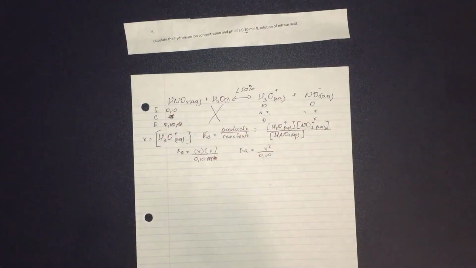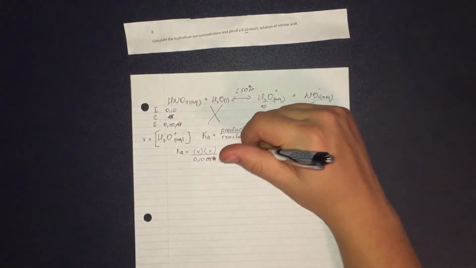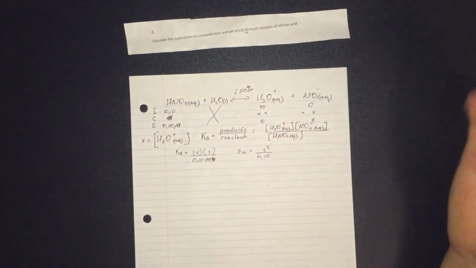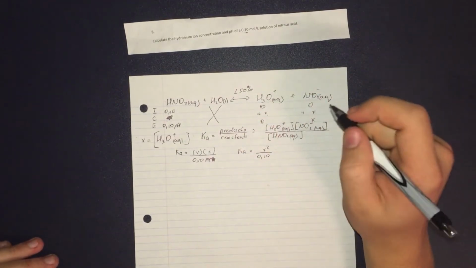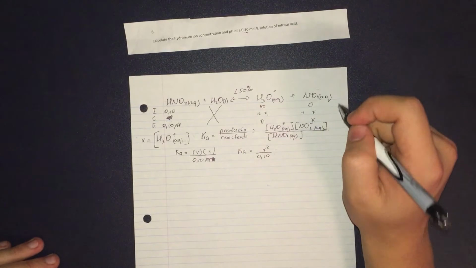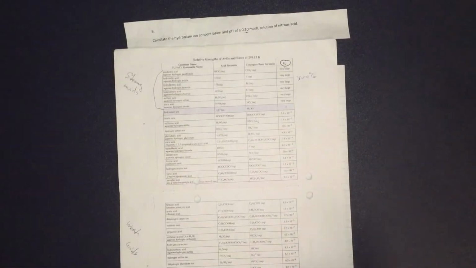Right now, it becomes more interesting. To solve for x, we should know this number and this number. And we know them both, because Ka of nitrous acid is 5.6 times 10 to the power of negative 4. How do we know? Again, I use my data booklet. I open my acid and base table.